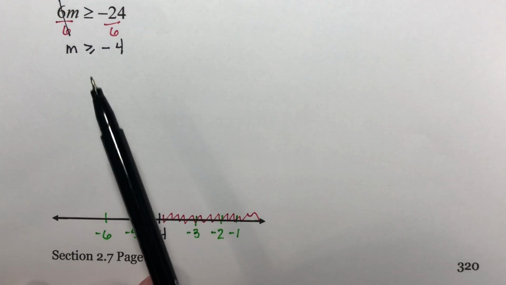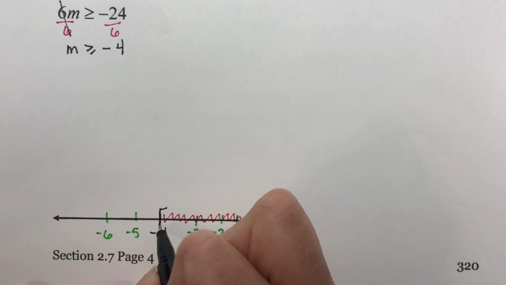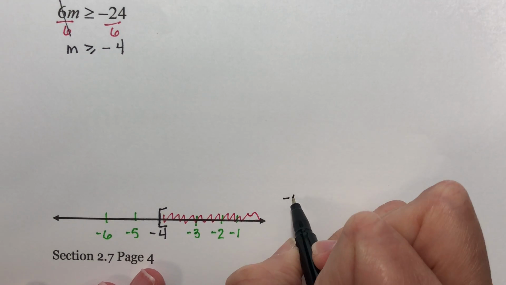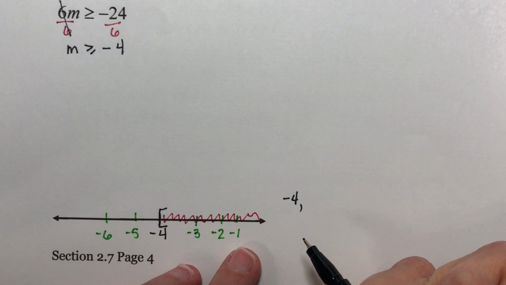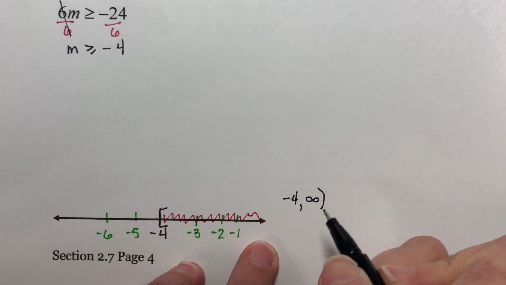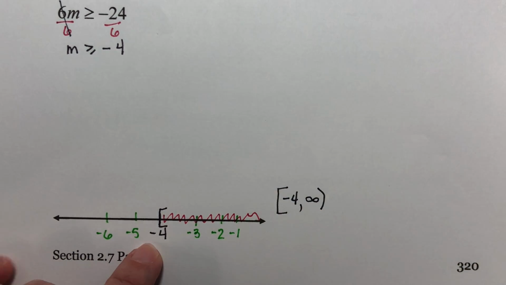Okay. This has an equal to on it, so this needs to be a bracket. Now for interval notation, our left-hand boundary is at -4. Our right-hand boundary, this goes up to infinity. Infinities get parentheses. This -4 got a bracket here, so it continues to get a bracket.